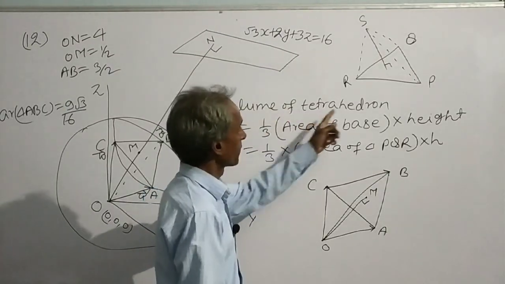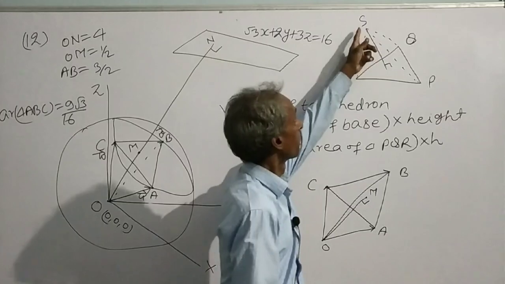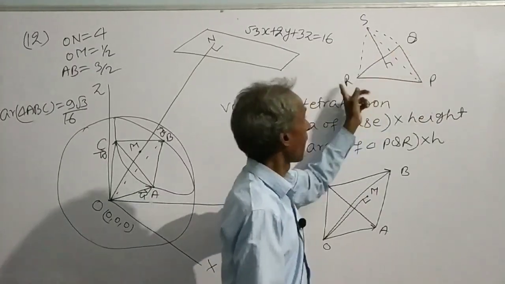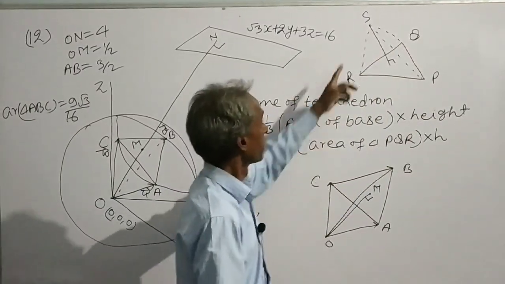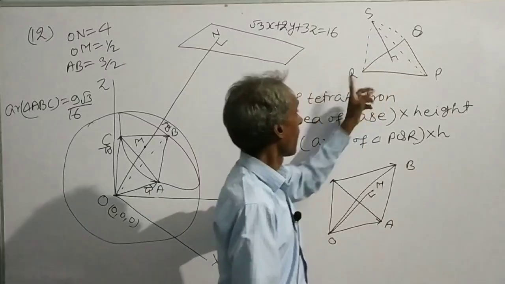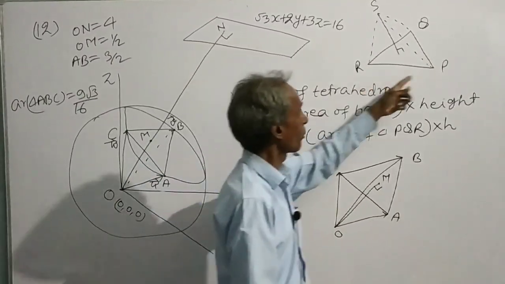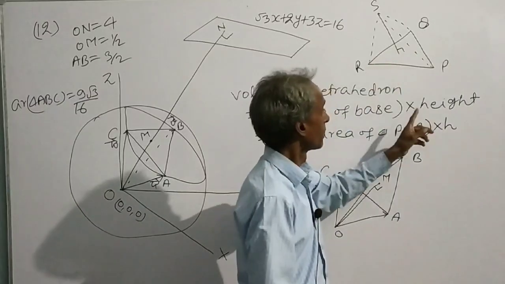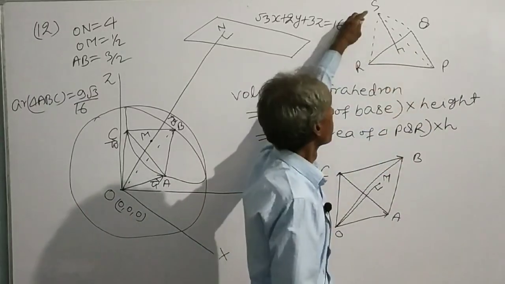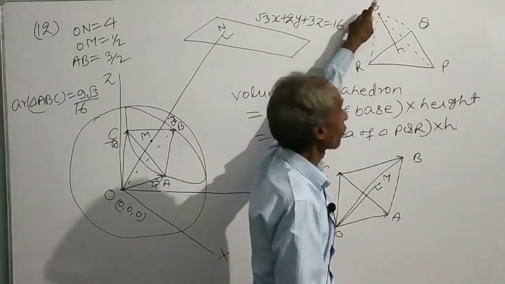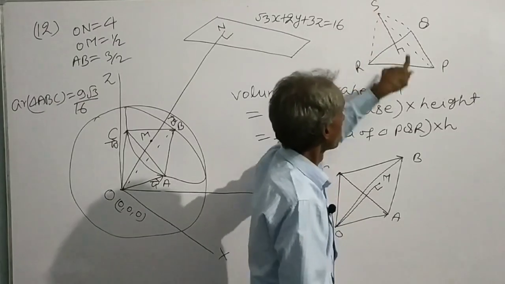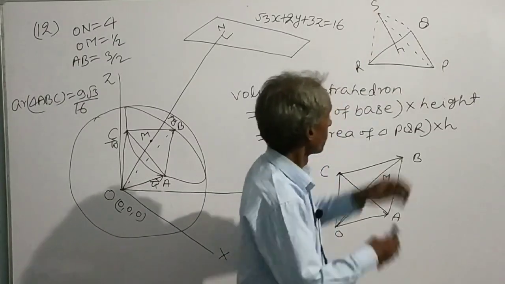Volume of a tetrahedron SPQR, any tetrahedron SPQR, is equal to 1 by 3 times area of base times height. This height is drawn from vertex S to the base triangle.